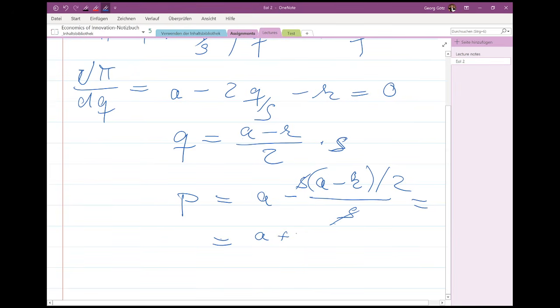This is just the vertical intercept, A plus marginal cost over 2. This is a standard thing we get for price.